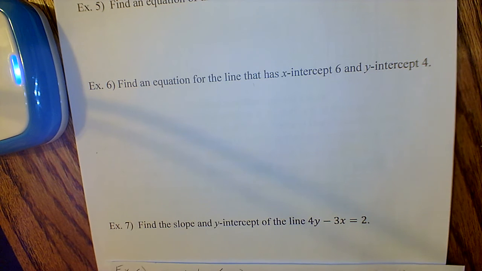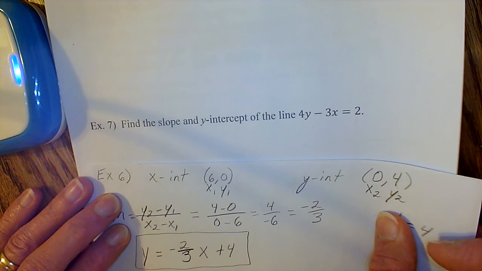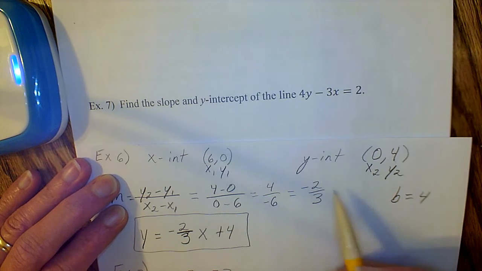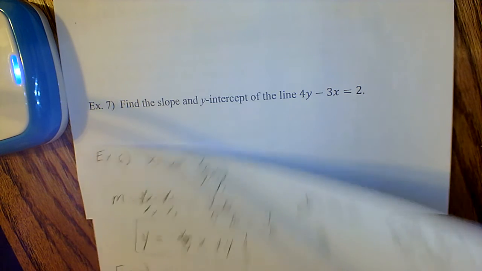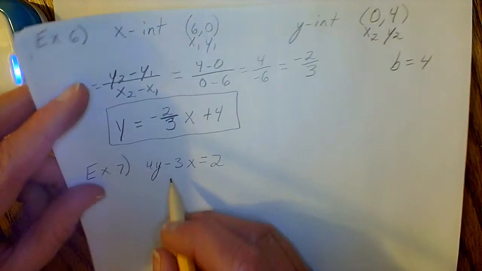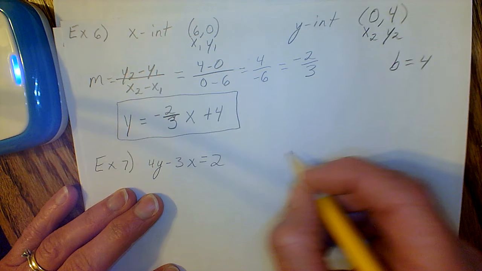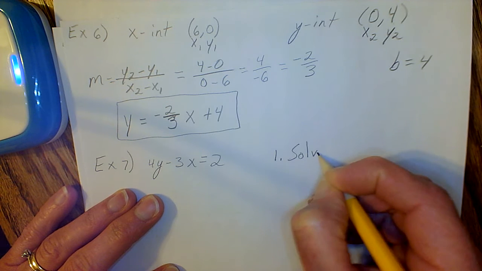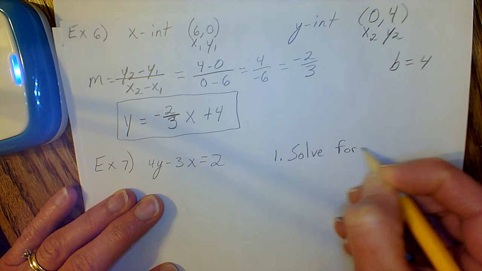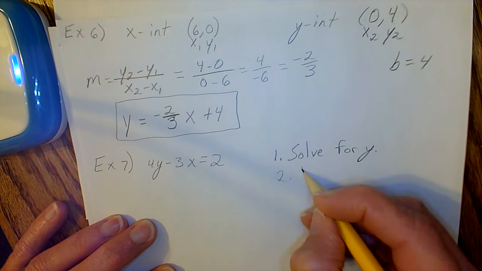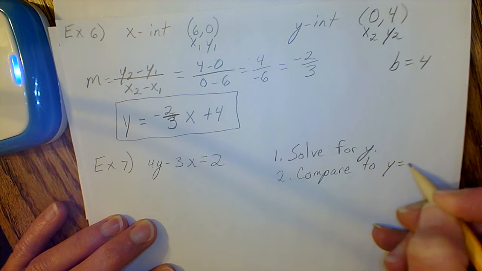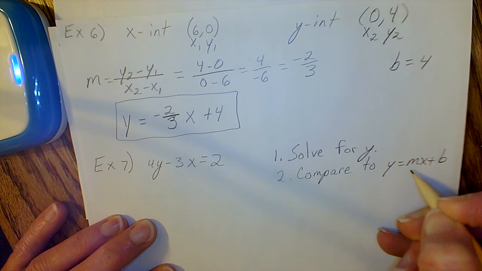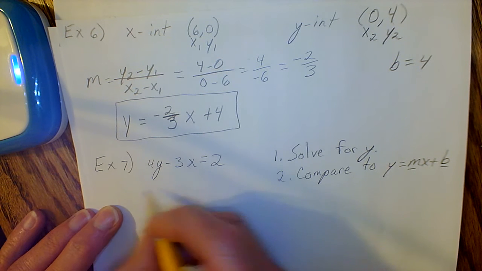For the last one on this section, we're going to find the slope and the y-intercept of the line for 4y minus 3x equals 2. So if we rewrite that, 4y minus 3x equals 2, what we're going to need to do is solve for y, and then we're going to compare it to y equals mx plus b to pick out our slope and our y-intercept.